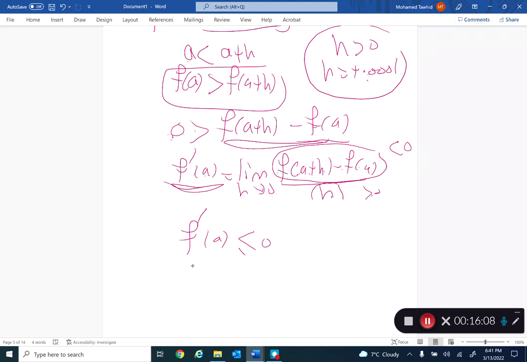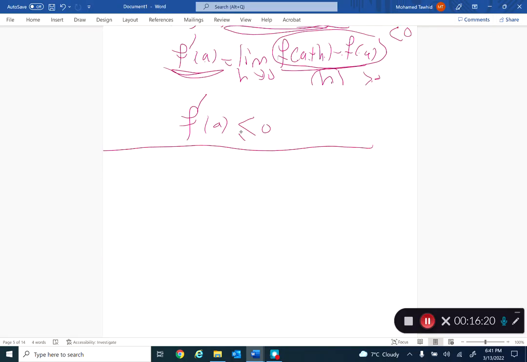Let me explain why all of this is important, because I have to find the interval. Before I give you an example, how am I going to use this?